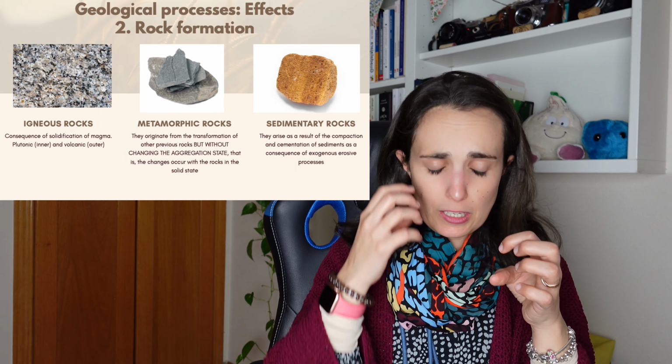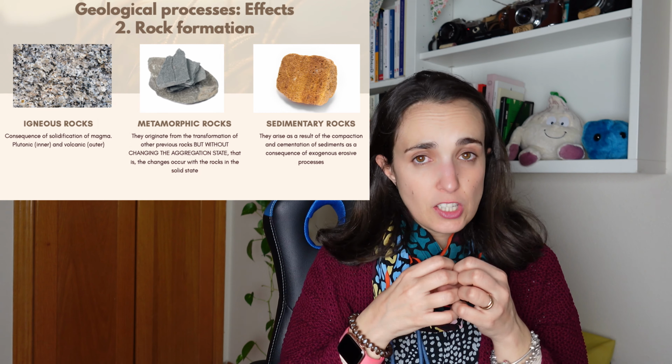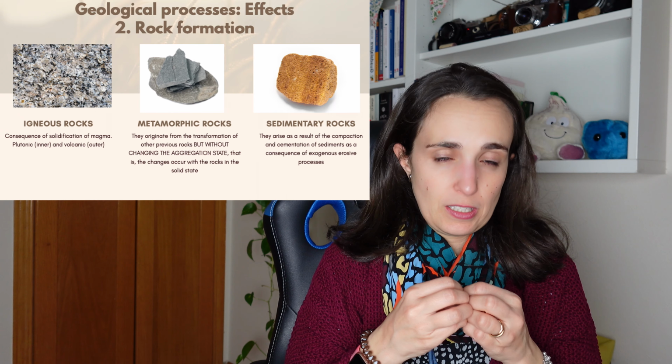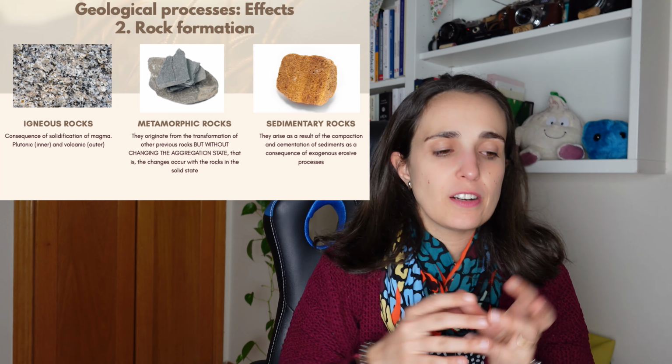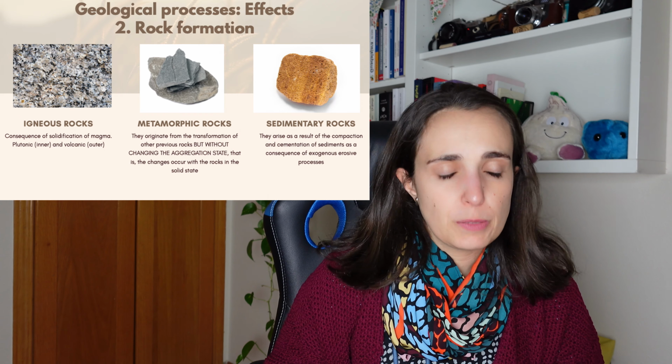If those distances change, the mineral is gonna be different, so the rock is gonna be different, okay? So it's due to pressure. These are the main 3 types of metamorphic rocks.